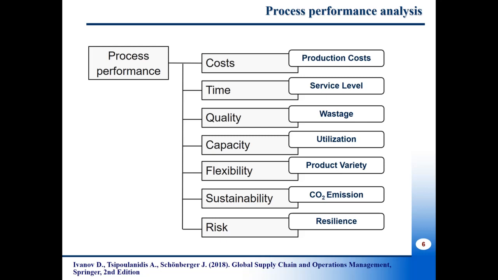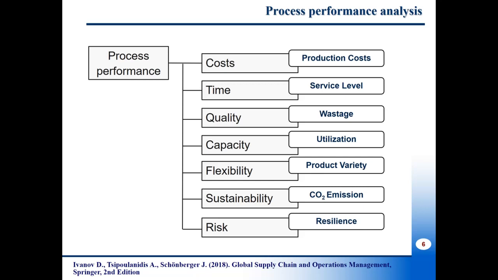Cost. One example of cost is production cost. It can be any other cost, like distribution cost, storage cost, etc. Time represents a service level. The longer time needed to process or to produce, the lower the service level becomes. Quality, how much waste is produced from a particular process.